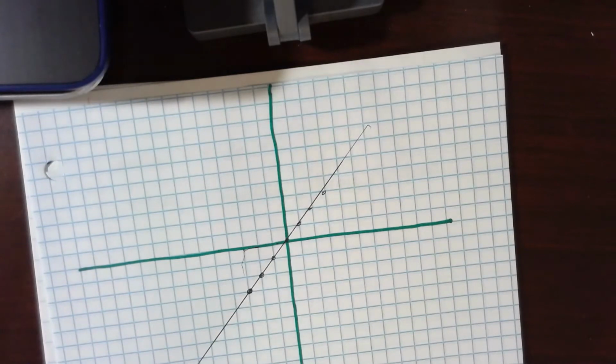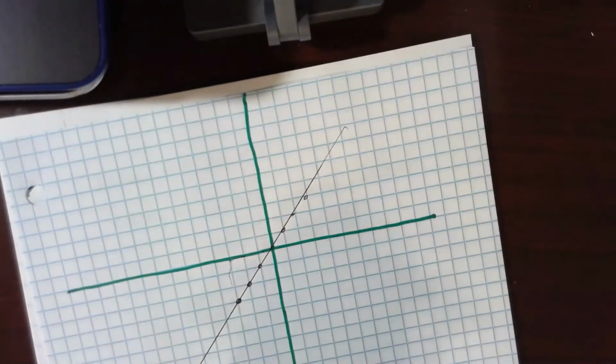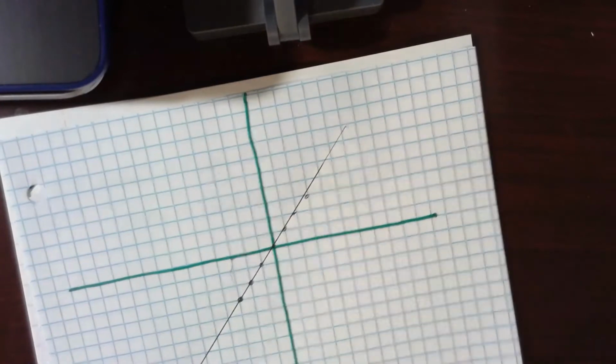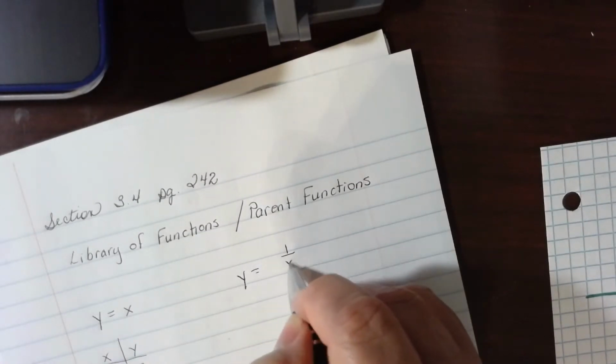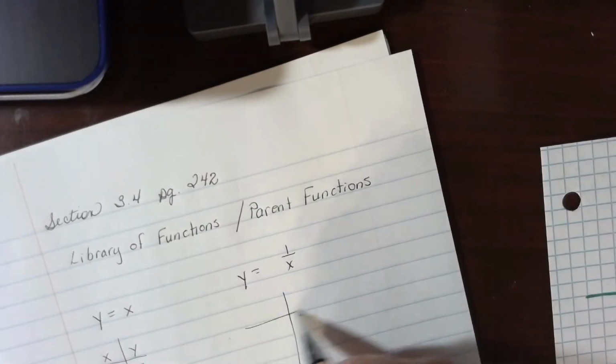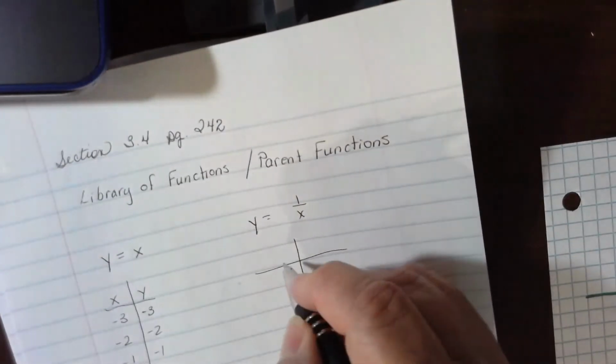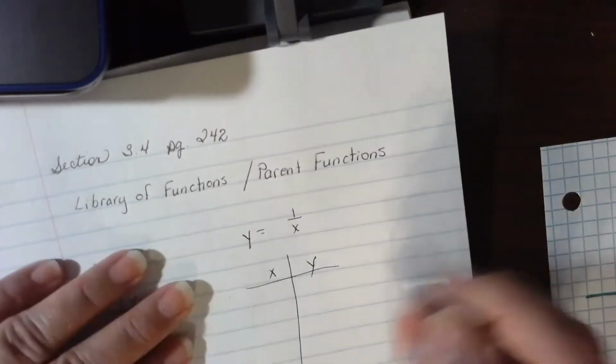Then maybe you were asked to do number 23, whose graph is y equals the reciprocal of x. So let's see what happens on that one when we create a table of values.